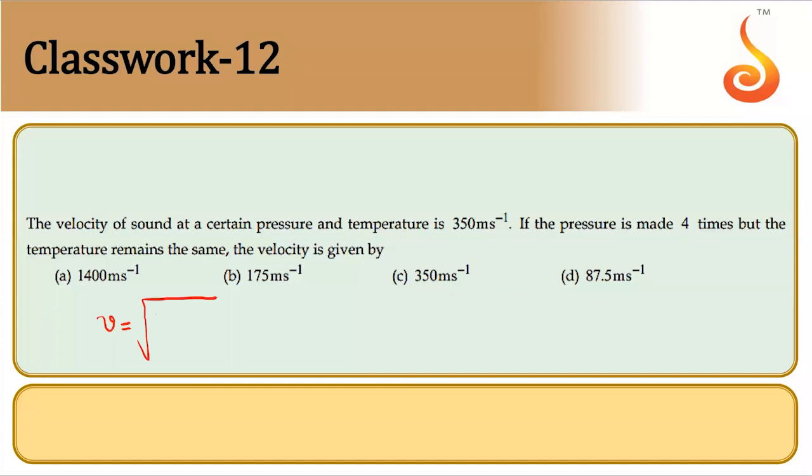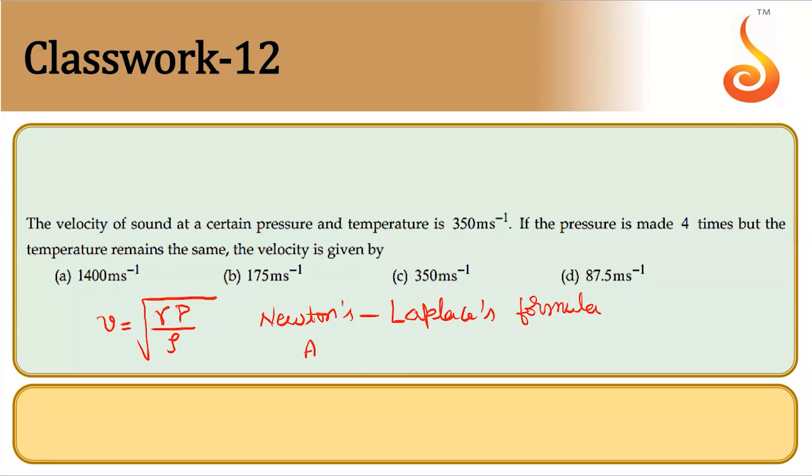See, speed of sound in air is given by root of gamma P by rho. This is your Newton-Laplace formula, where P is pressure, rho is density.